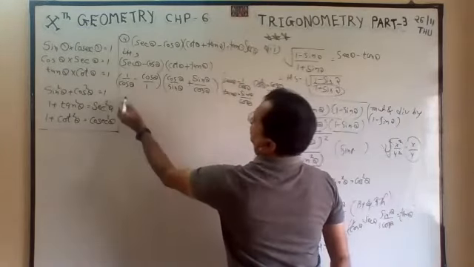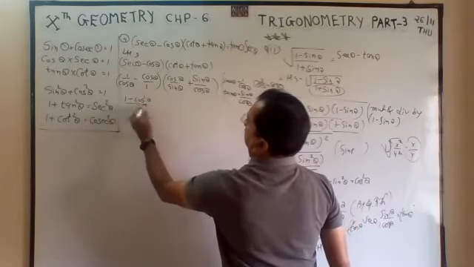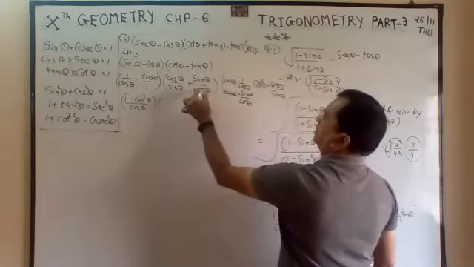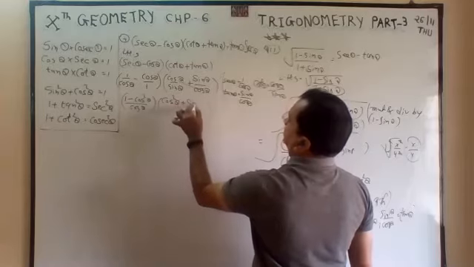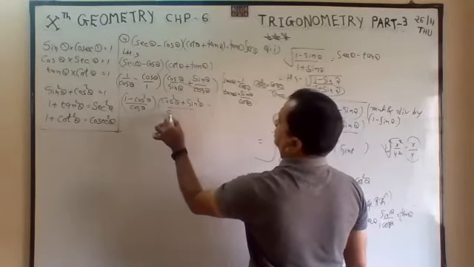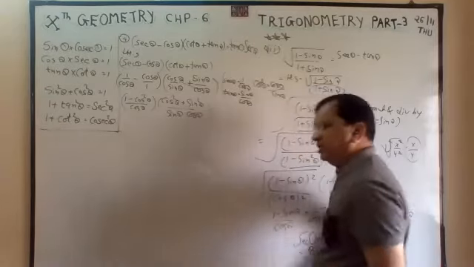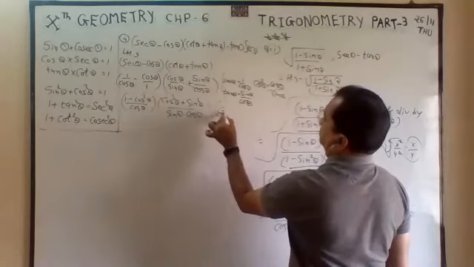Now cross product: 1, 1, cos into cos, cos square theta divided by cos theta. Cos square theta, sin square theta, sin theta, cos theta. Simplify, or you can say cross products.